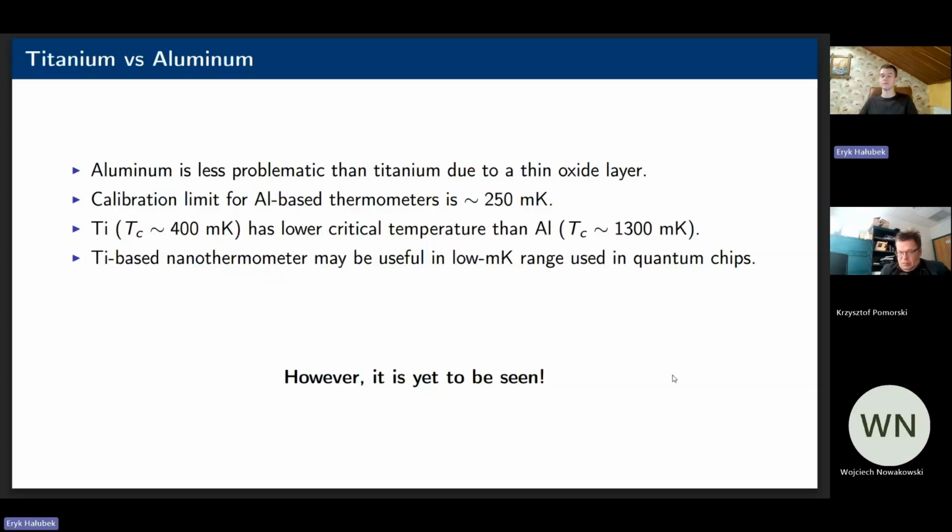We want to go as low as 10 to minus 11 millibar, and we will try to evaporate it with a higher rate, around 2 angstroms per second, because previously we used 0.4 angstroms per second, which according to literature is a little bit too low, and allows the oxide to form really quickly, which then results in this suspicious phenomenon that we observed of increasing resistivity as we cool our sample.